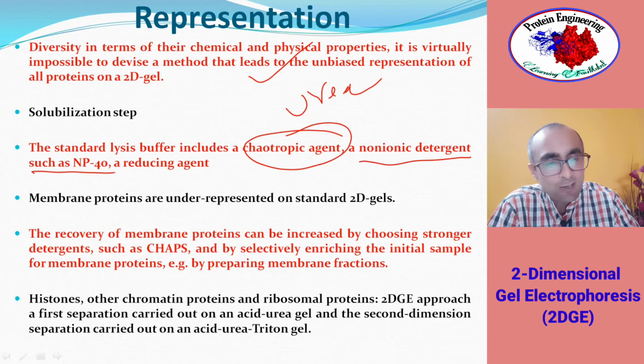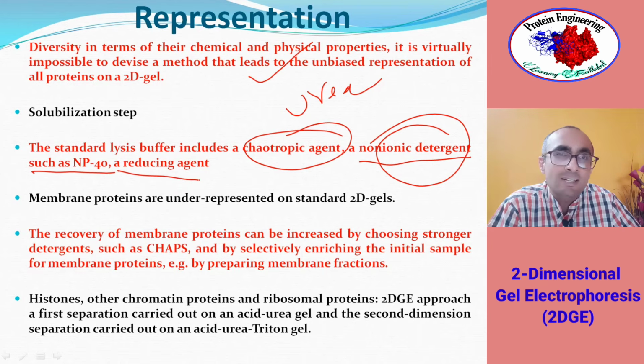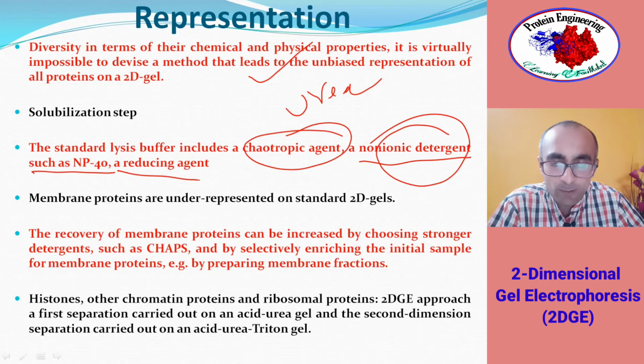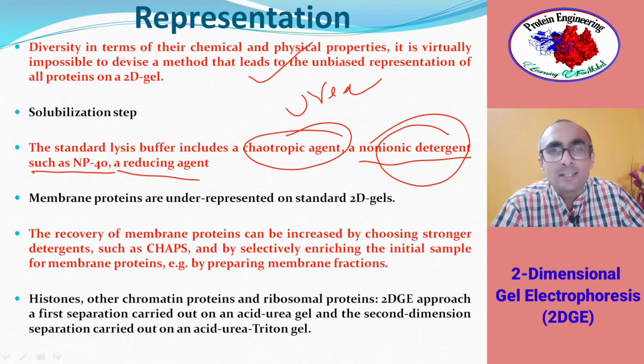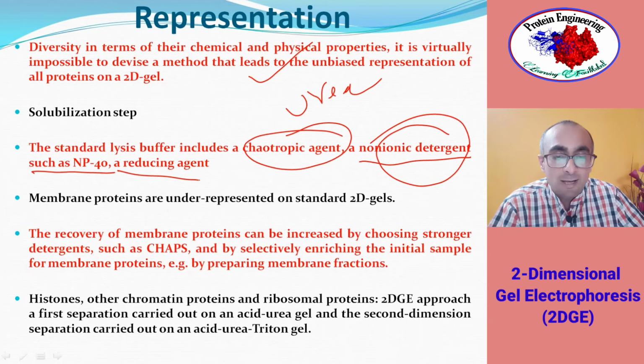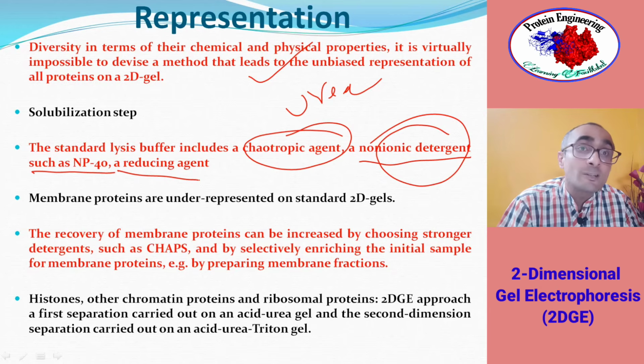Along with that you have a reducing agent which can break disulfide bonds. And this standard lysis buffer is not applicable in case of membrane proteins, and also for proteins with very high pI, for example histone proteins or chromatin proteins.